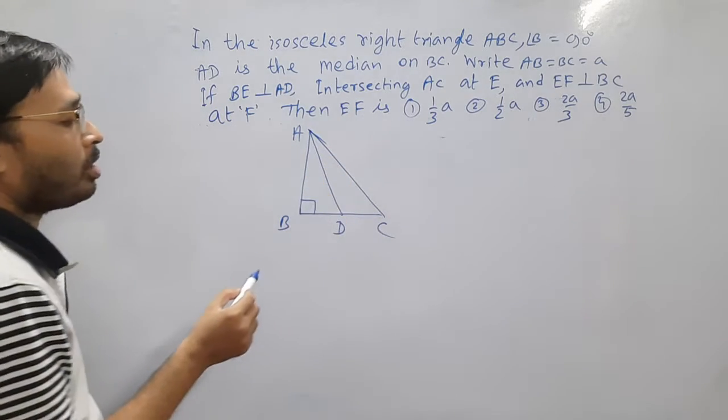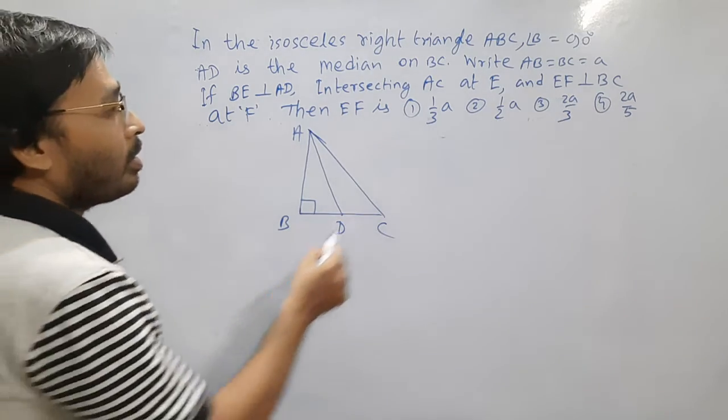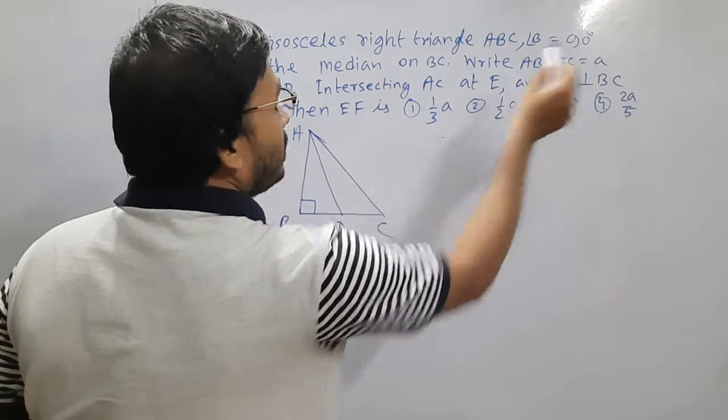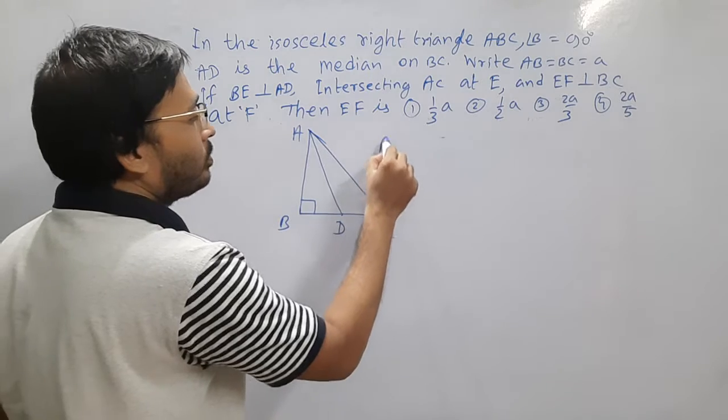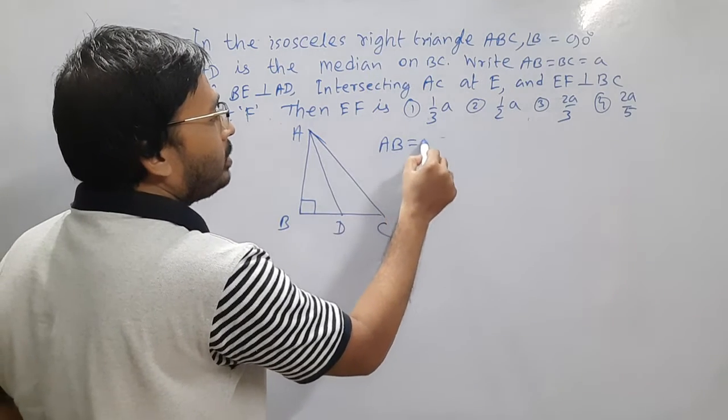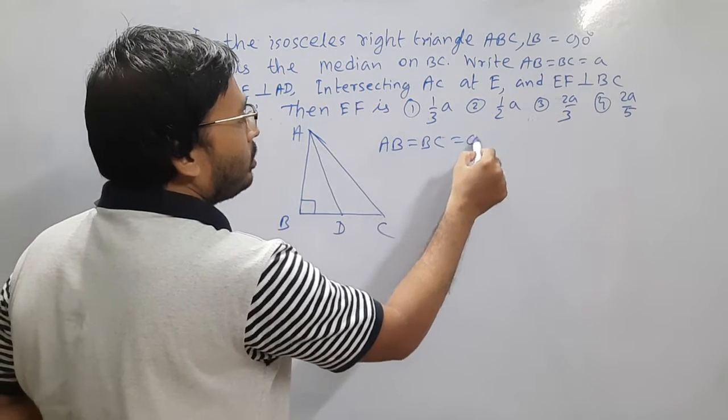AD is the median on BC. And also, AB = BC = a.